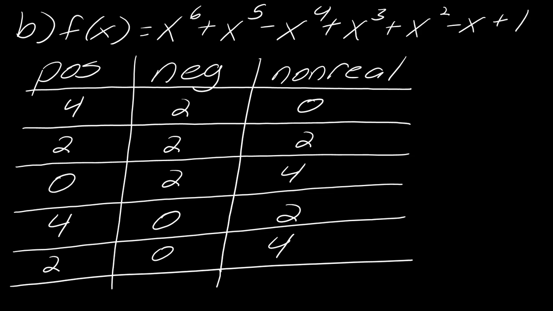And then what if all of my zeros are not real? They're just entirely non-real. This is something we've talked about, that an even degree polynomial could have entirely non-real zeros. And this is just a way of visualizing how that could happen.